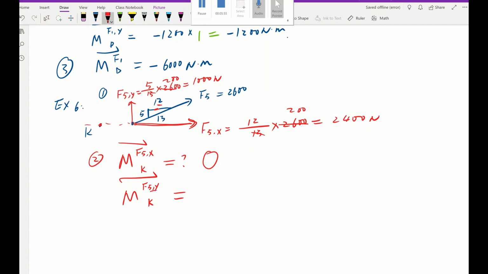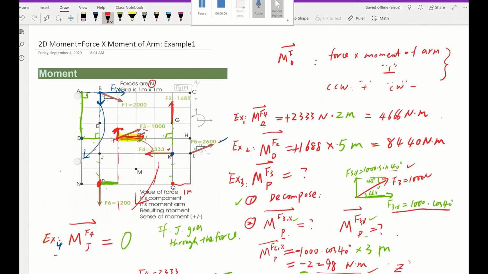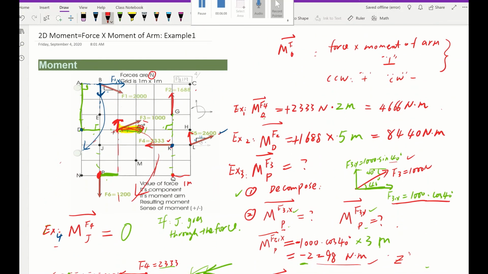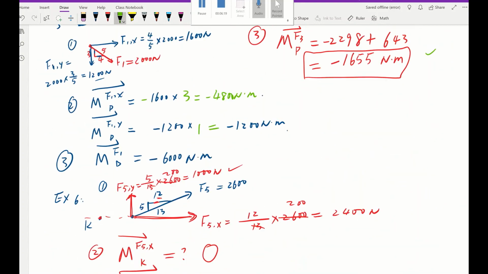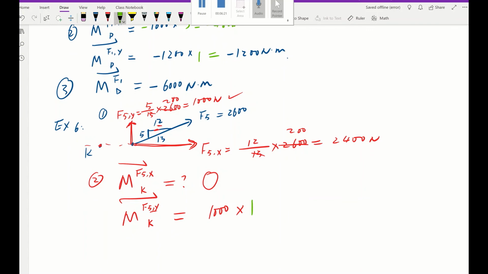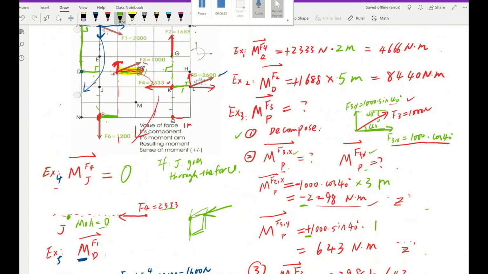Y component, the force is 1000 Newton here. And how about the moment arm for this force? If we look at the chart, this is our y component, x component, and rotating about K, and using the grid to draw perpendicular to this force, that's going to give a moment arm of 1. Right? And now let's think about direction.